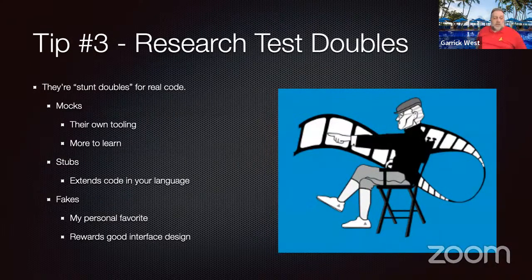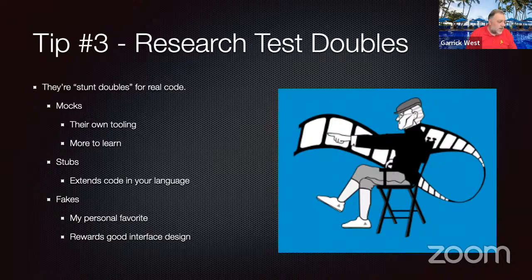Researching test doubles, getting familiar with them if you're not using them already, understanding the differences between mocks, that they have their own tooling. They're a bit more to learn. It's a little my own bias. Stubs. Sometimes languages will support stubbing things real easy. Java is fantastic for that. You can create anonymous instances of classes.